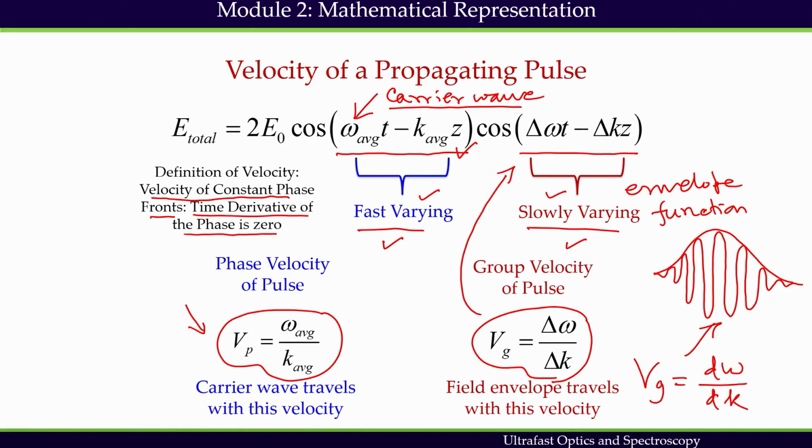So what does it mean by this phase velocity and group velocity of a pulse? I will represent it with my hands. This curvature represents the envelope function, and my fingers are representing the carrier wave.